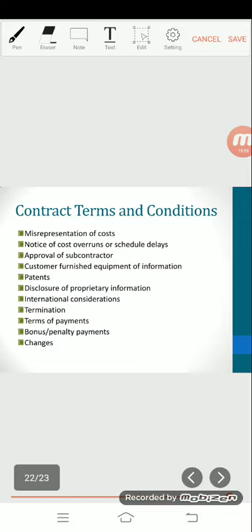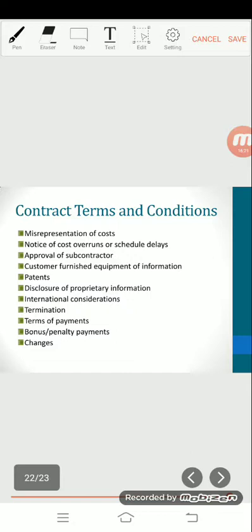Number 4, customer furnished equipment or information. List the items that the customer will provide to the contractor throughout the project and the dates by which the customer will make these items available. Number 5, patents.